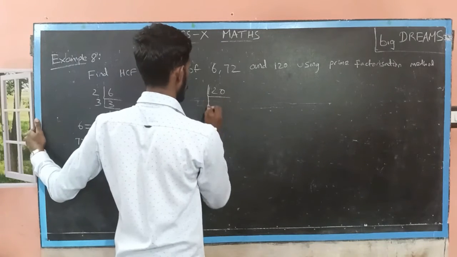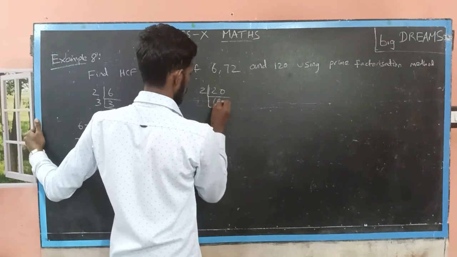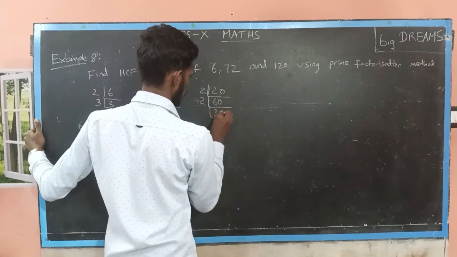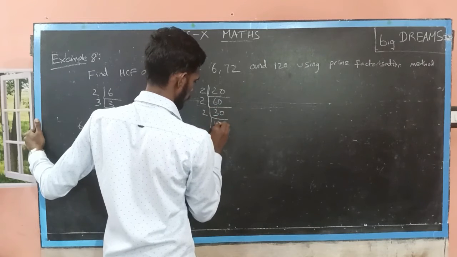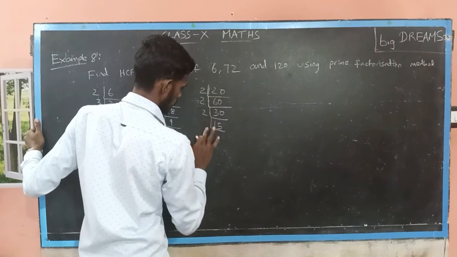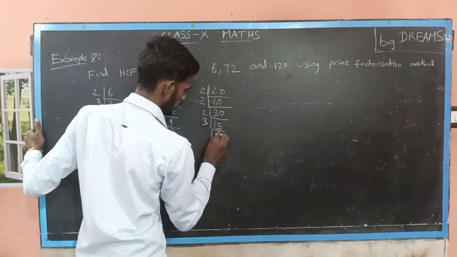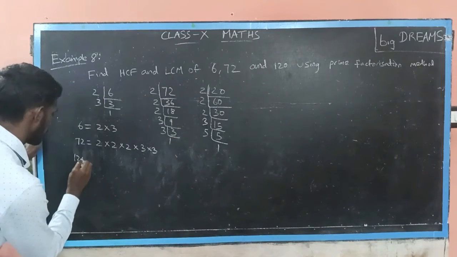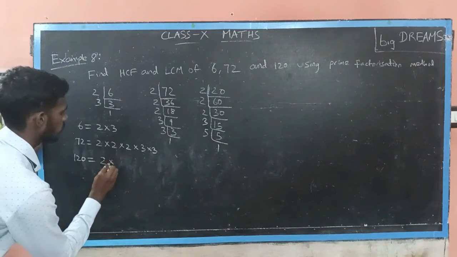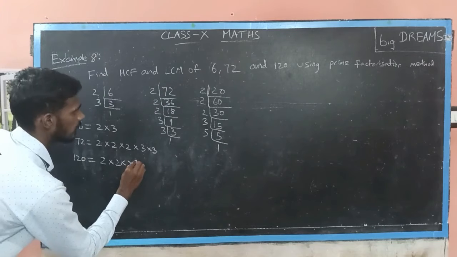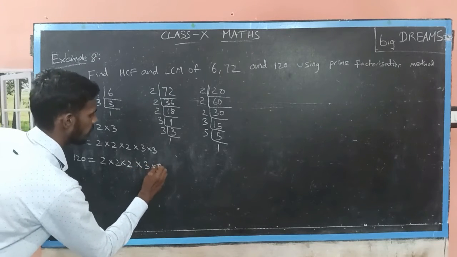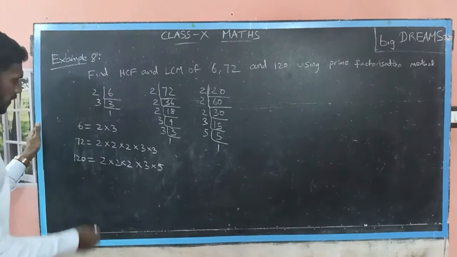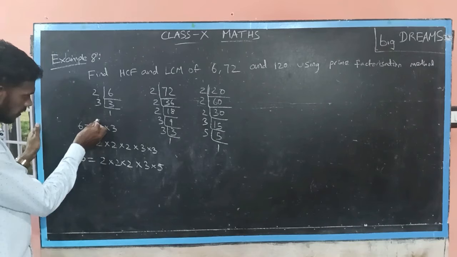Okay, then 120: 60 by 2, 30 by 2, 15, then by 3 it gives 5, and by 5 it gives 1. So 120 can be written as 2 into 2 into 2 into 3 into 5. So try to get the common factors out.